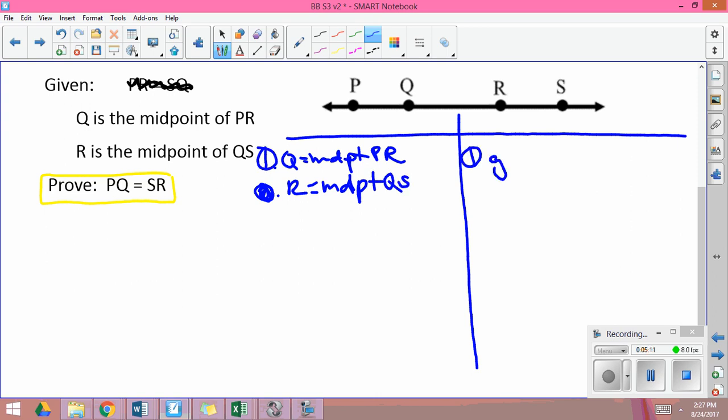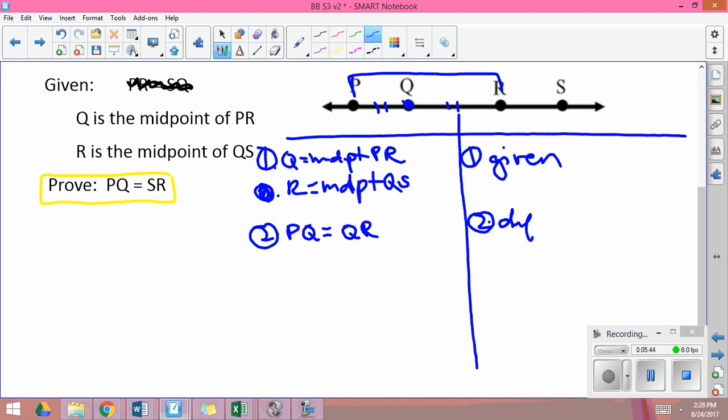And those are given. Now, what does the given give me? If Q is the midpoint of PR, the first thing you're saying is, well, that isn't what the picture looks like. Pictures lie. Always go with the words, except when it comes to vertical angles and linear pairs. Pictures lie. So if I know Q is the midpoint, I know that PQ has to be the same as QR.